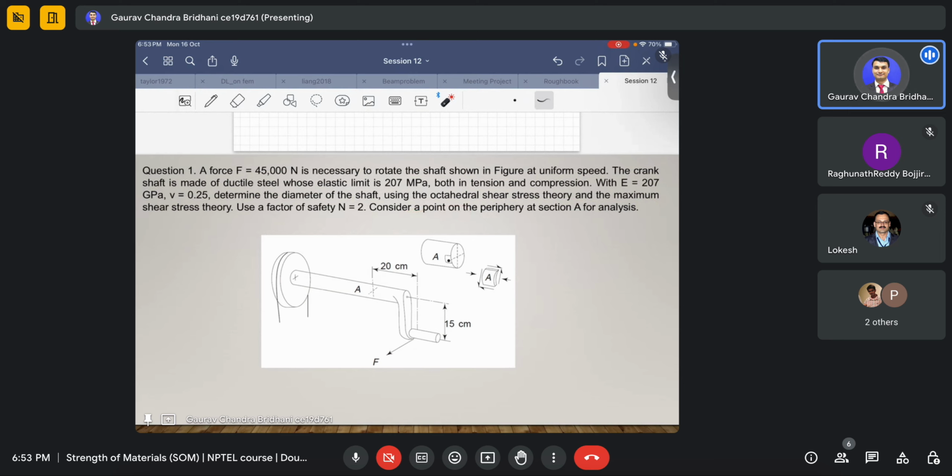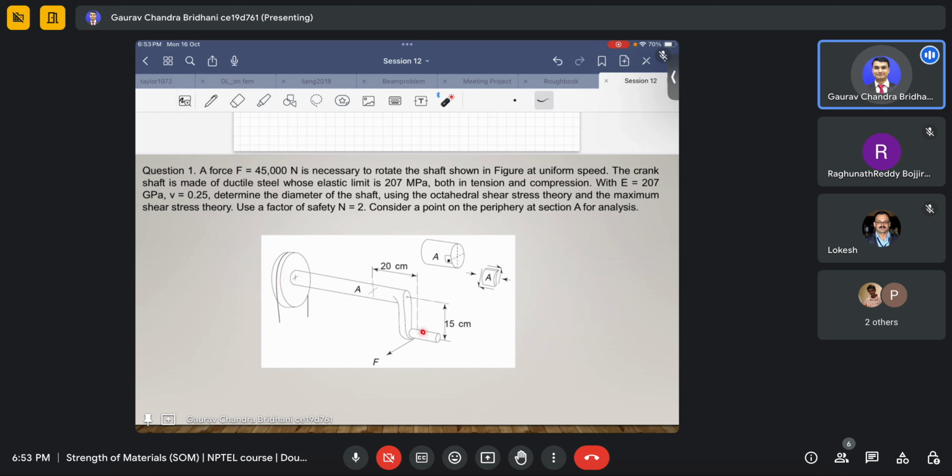So they have already given that you consider this point on the periphery, at the outermost part, and this point A has been magnified in this manner. Due to this load, first of all, this point A will be subjected to bending, because this is properly restrained at this end.